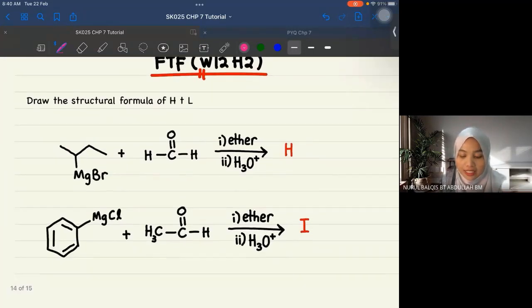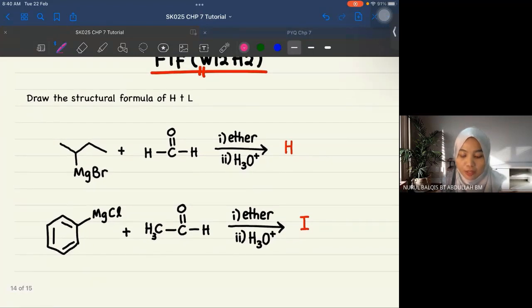Okay, sekarang kita kena determine the structural formula of our product. Okay, dia dah bagi siapa reagent, siapa dia punya conditions. Okay, bukan dulu. Kita belajar masa tulis reaction, kita buat nombor 1, contoh aldehyde kita. Nombor 2 adalah kita terus ether, H2O plus kan. Okay, dia ada dua cara lah. So saya rasa better guna yang ni, tak adalah awak tersilap ke apa nanti.